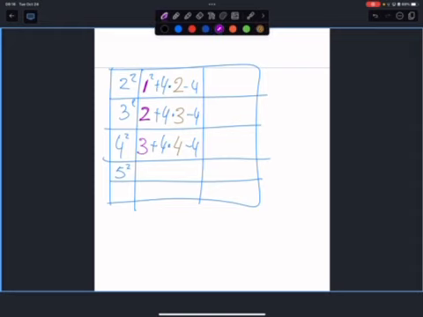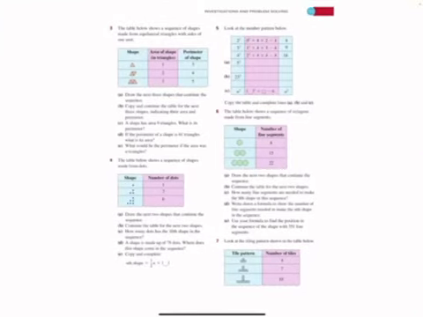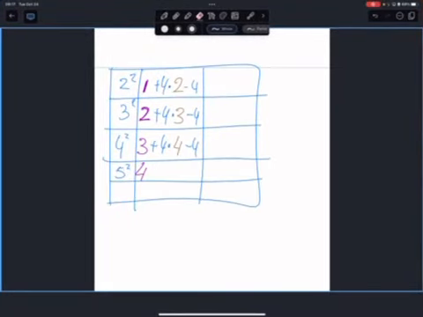So if they ask me to find 5 squared, the first thing I'm going to notice is, oh wait, if it is 1, 2, 3, most likely the next number is 4. Oh, 0. 0, 1. Did I make a mistake somewhere? Yes. 2 is 0.